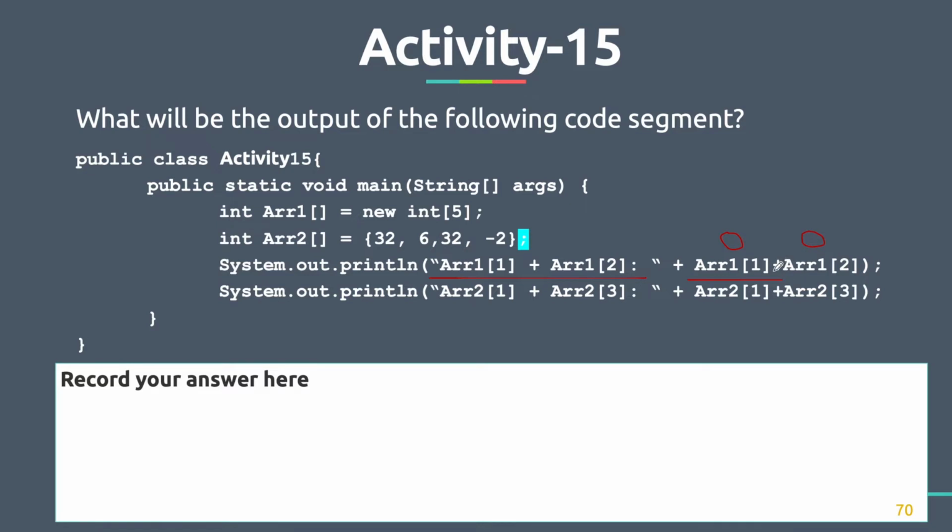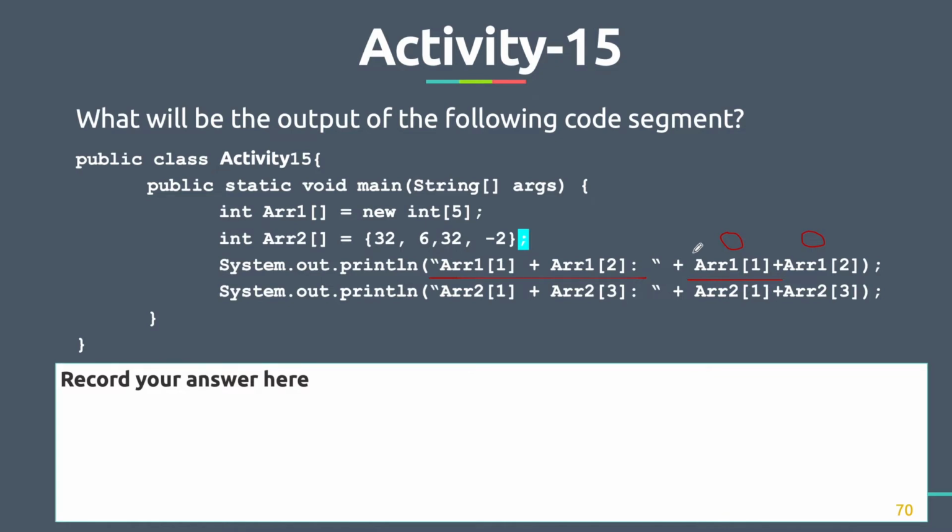So the tricky part is that because we have a string at the beginning plus a numeric value, it will concatenate these two values. It will not do addition first, it will do concatenation.